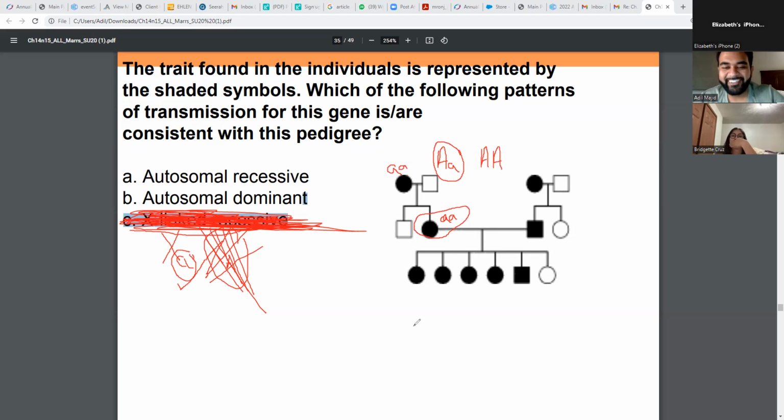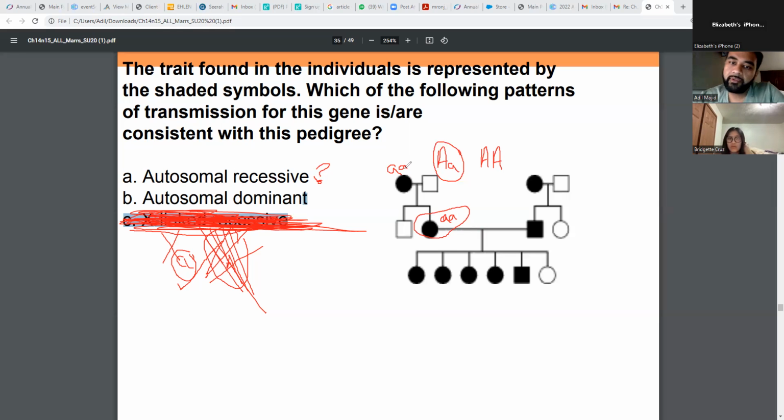Okay, sorry. So it makes sense why this person has to be little a, right? Because right now we're checking, is it autosomal recessive? If it's autosomal recessive, that means I can't have a dominant allele. If there's a dominant allele and it's a recessive trait, the recessive trait won't show if there's any dominant alleles present.